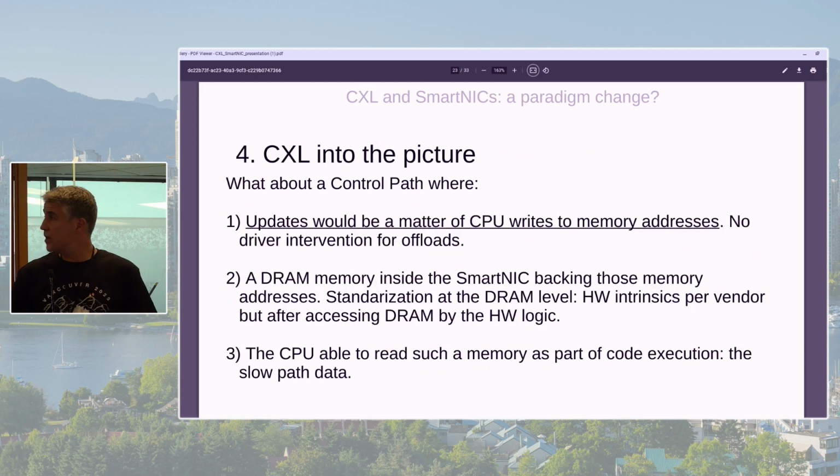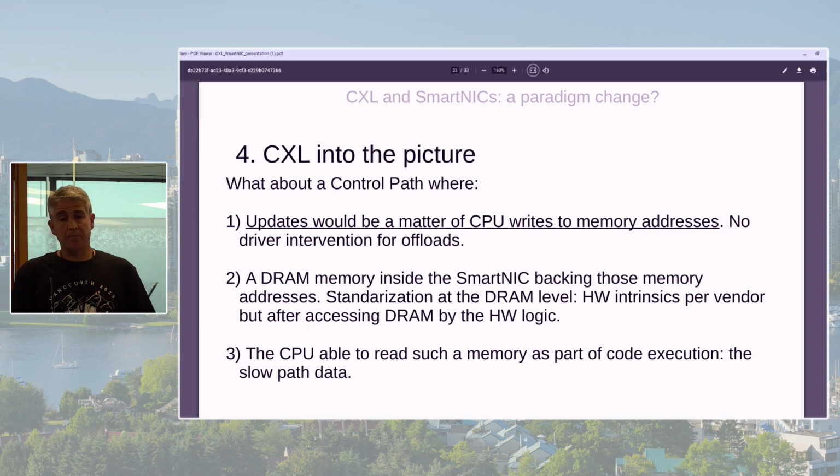So my idea is to have the CPU update the control data path in the hardware. The CPU will just write to the DRAM. Which DRAM? A DRAM in the device. Once it's there, both the CPU, the slow path, and the fast path can use this data, because CXL gives this coherency for the slow path.